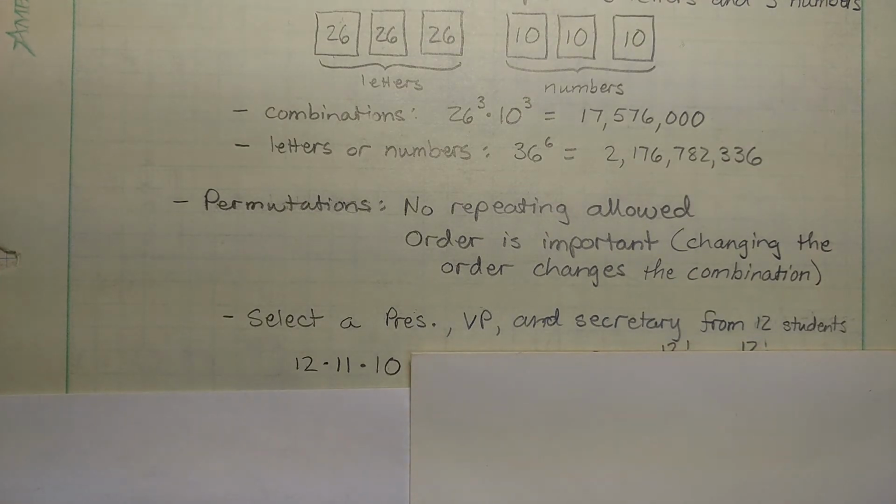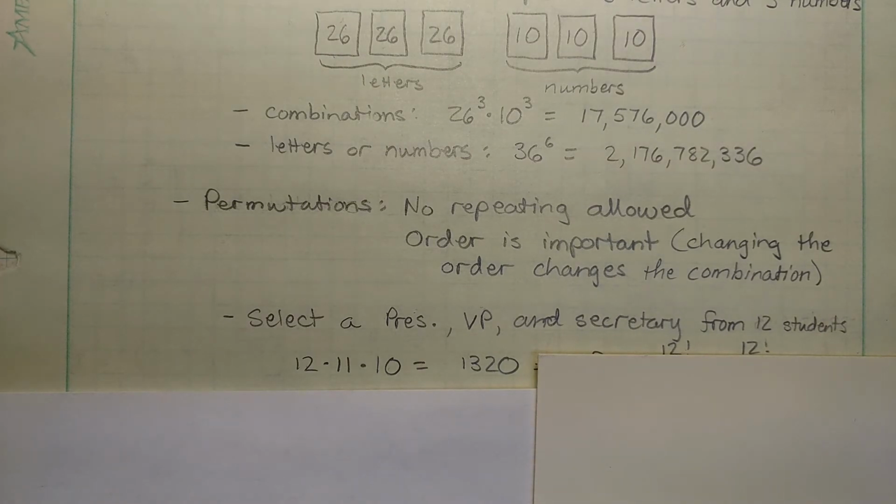So it's still the multiplication principle, 12 times 11 times 10, and that ends up being equal to 1,320. But sometimes with permutations, they follow this pattern, and so we don't always want to just do it simply with the multiplication principle.